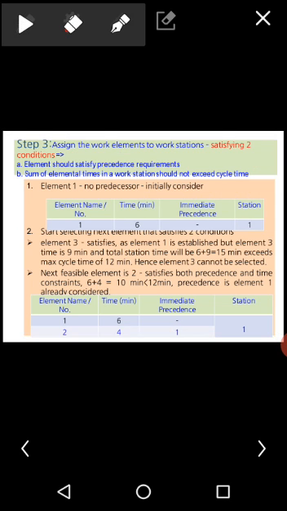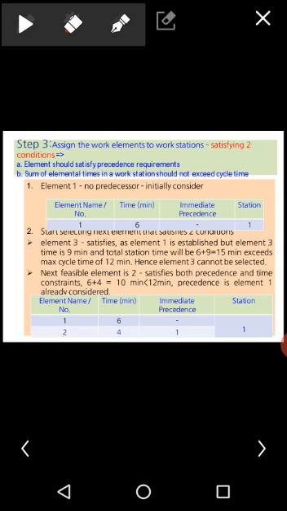Okay, then element 3. The next element is 3. Element 3 has a time of 9 minutes, and the total station time will be 10 plus 9, which will be more than 12 minutes.